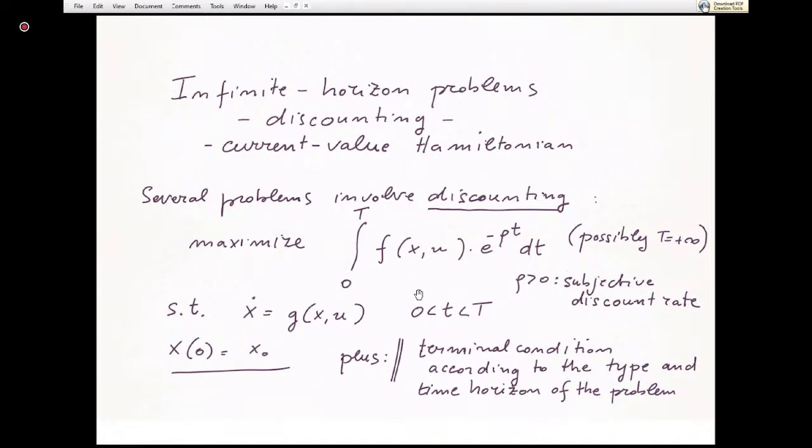And of course, now we have this statement, x dot is equal to g of x, mu. Another point is that we want an autonomous differential equation for the evolution of the state variable.